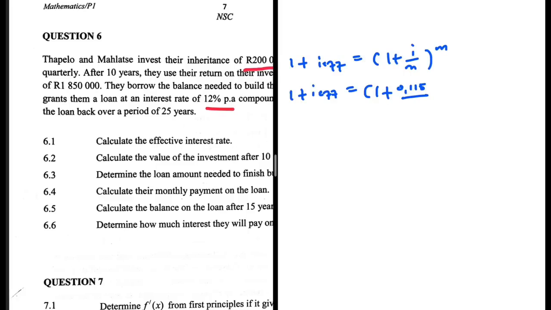It says that it is compounded quarterly. How many quarters do we have in a year? We have 4. So we would divide by 4 and then to the power 4. Okay, and then we go on to find the effective interest. So our effective interest in this case will be equals to 12%. It will be equals to 0.12.